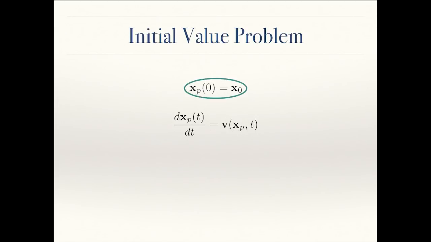Here we have xp's position at time 0 is just a given. It's x sub 0. And then we have the change in position with respect to time is going to be equal to this velocity, which can be evaluated at any point xp at any time t. And since we're looking at change, another word for change is difference.